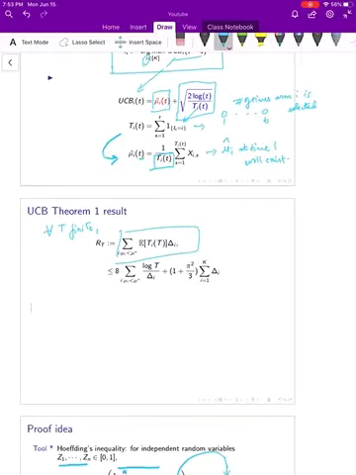So earlier we had RT as the summation of t equal to 1 to T of mu1 minus mu I t. So we just separate out this summation with respect to the arm selected.